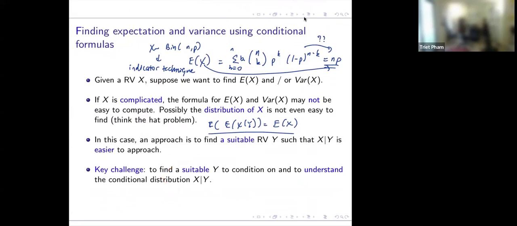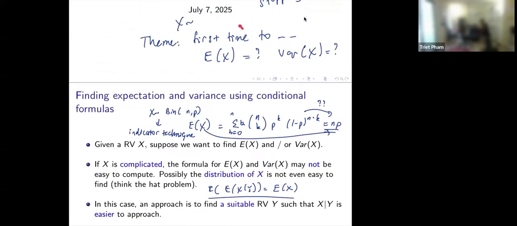So the conditional approach is the appropriate approach. It is also appropriate for this theme of finding the first time to something, because by the nature of time, we can look at the previous event that will lead to the event of interest.